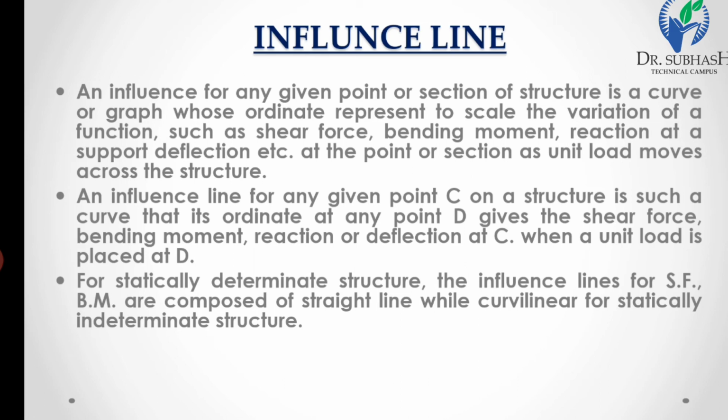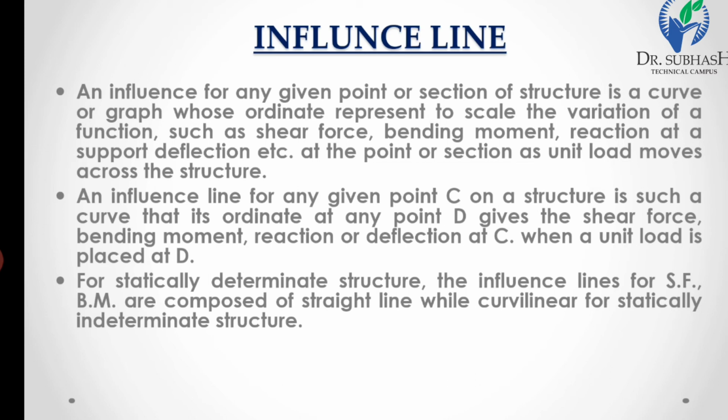So the influence line for any given point C on the structure is a curve whose ordinate at any point D gives the shear force, bending moment, reaction, or deflection at C when the unit load is placed at D. So when we place our unit load at D, we note the deflection or reaction at C, and likewise we find the coordinates.